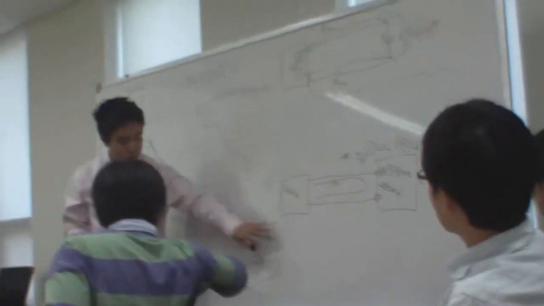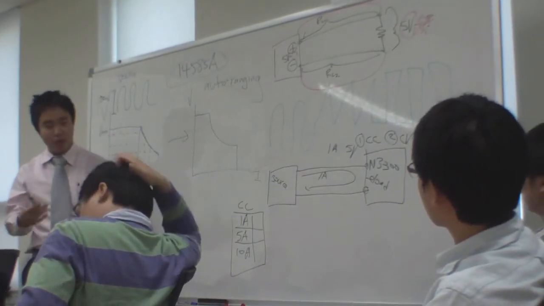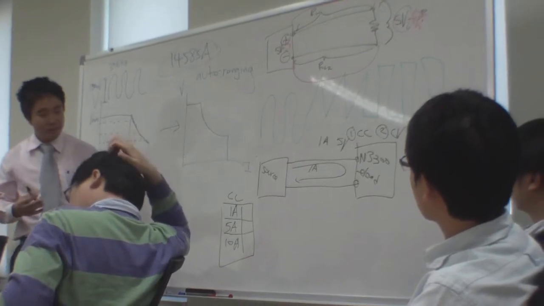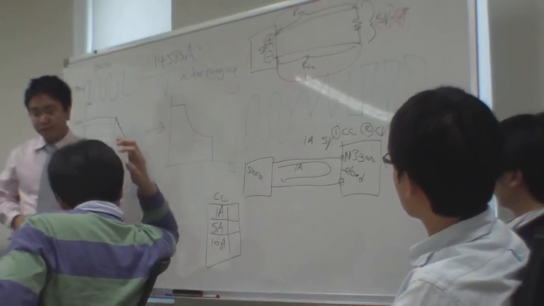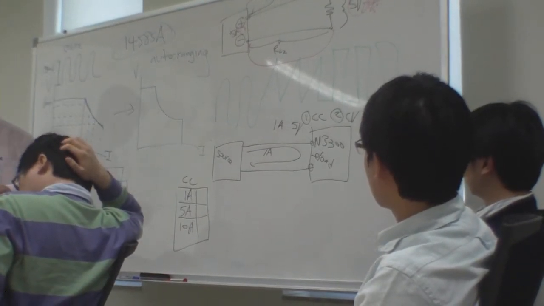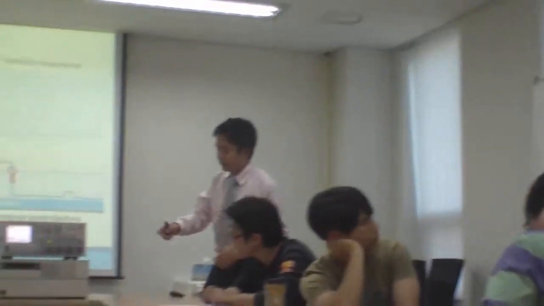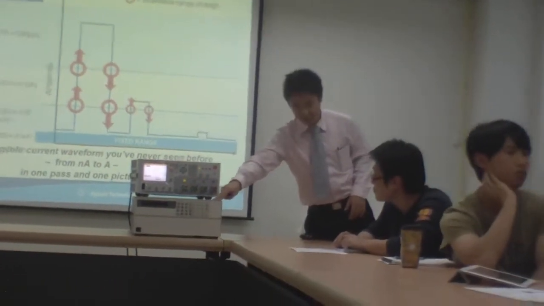Once we load it up and start it, it will run through this table, kind of like an arbitrary waveform, but for loading instead of sourcing. And you can program the timing you want for each one of these as well. So it's a very simple box for just loading. In fact, you can connect this to this box, and it will sink the current from this box.